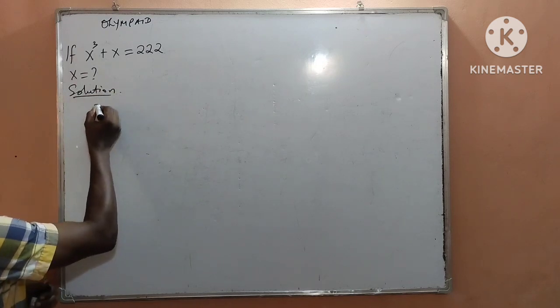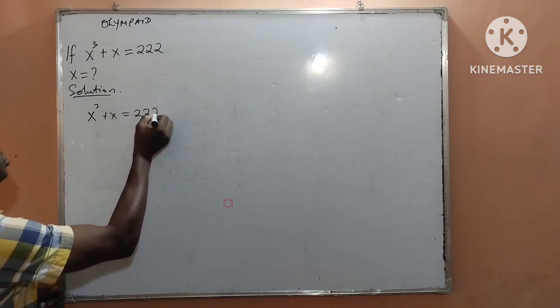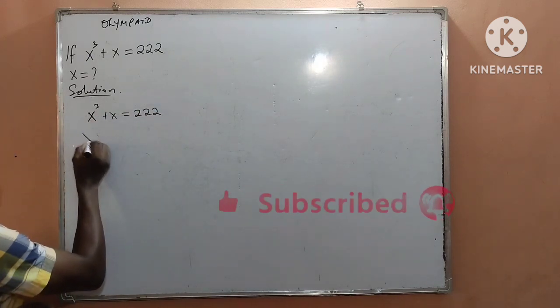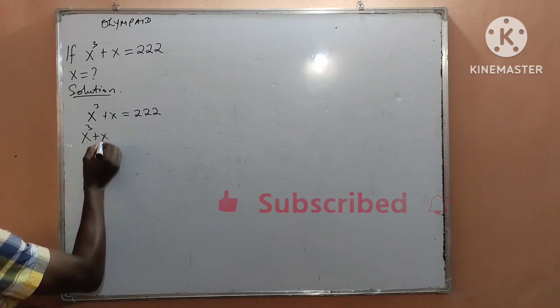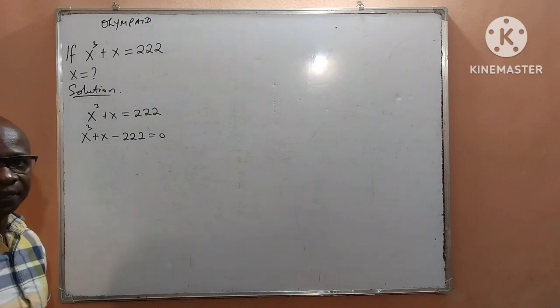I have x to the power 3 plus x equal to 222. I will move 222 from the right to the left. x to the power 3 plus x minus 222 is equal to 0.